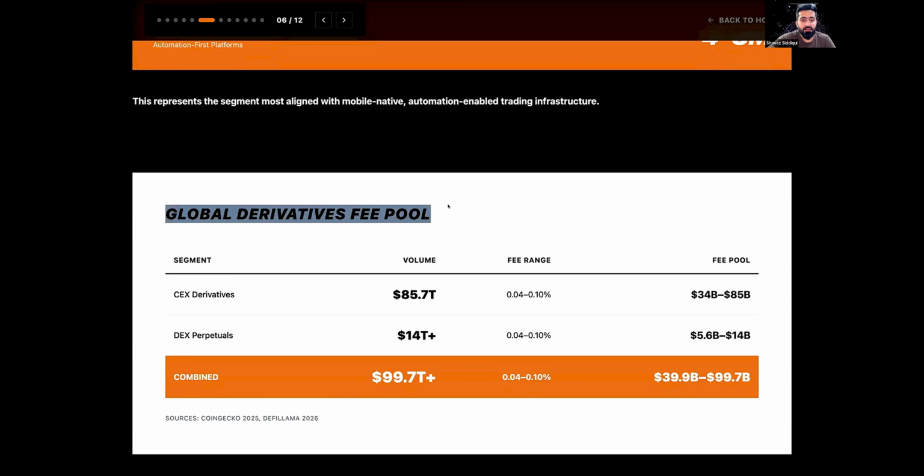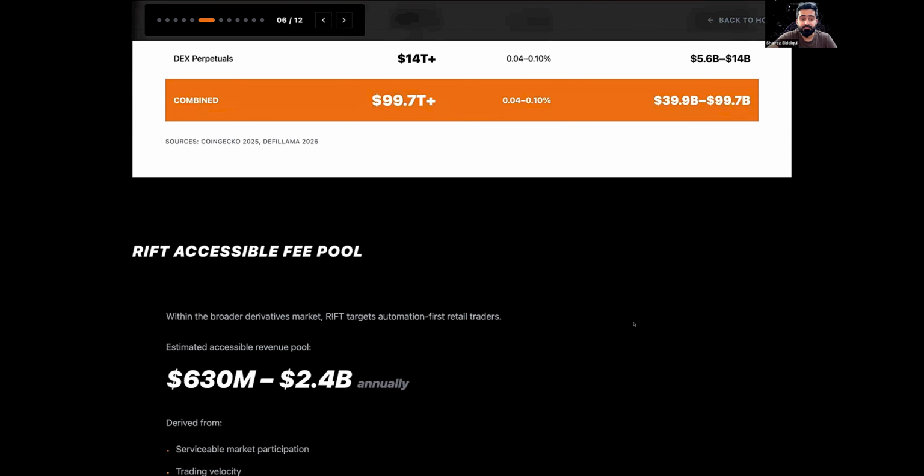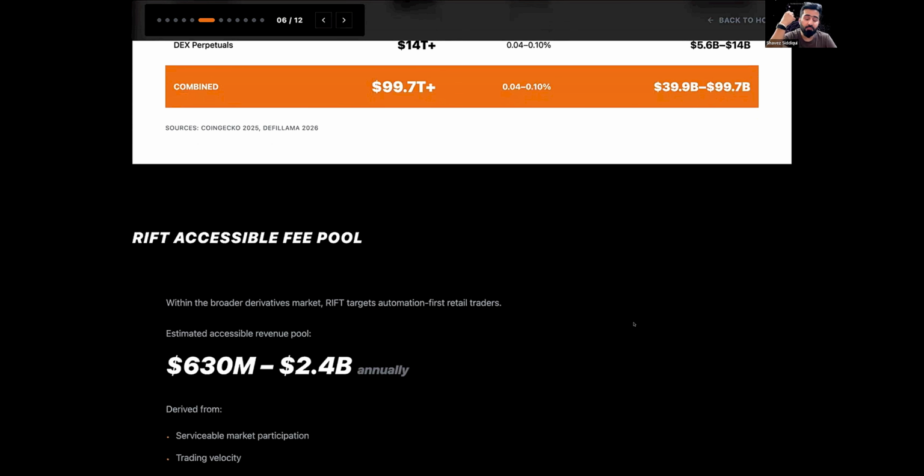This is the global derivatives pool of DEXs. DEX perpetuals alone are 14 trillion, out of which the platforms make around 5 to 14 billion dollars of fee pool alone. And I'll just show you how profitable Rift is going to be as a business for us, because this is important for you to know also what you are marketing.